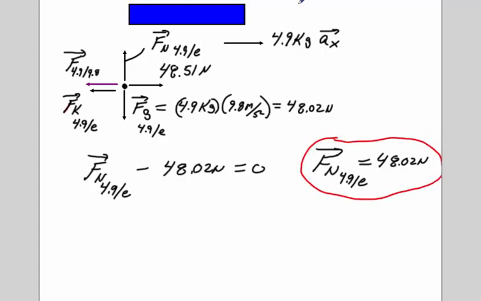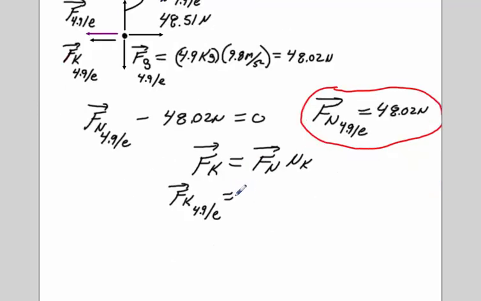All right. Now, I have kinetic friction here. Well, we know from previous problems that kinetic friction is always going to equal my normal force times my mu value, or coefficient of kinetic friction. So we will calculate that. My kinetic friction on the 4.9 kilogram block is going to equal my normal force of 48.02 newtons times my mu value.